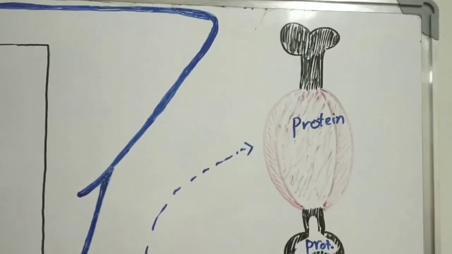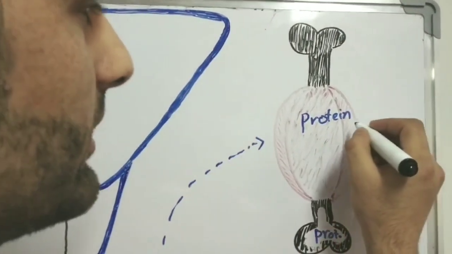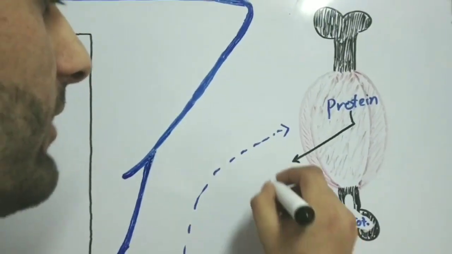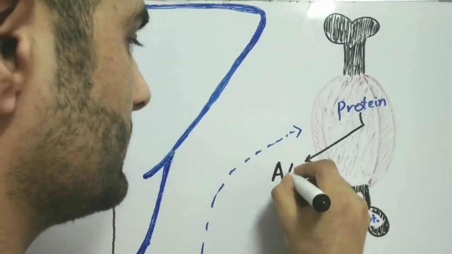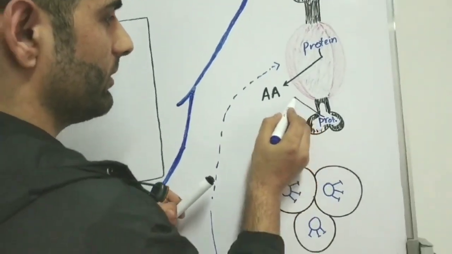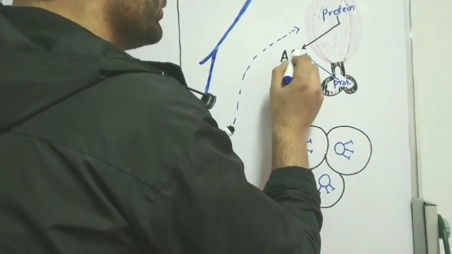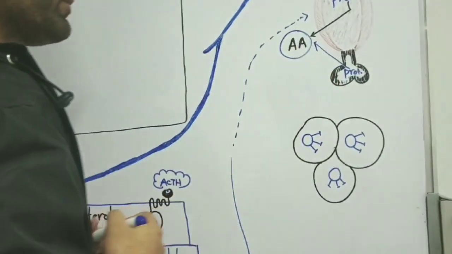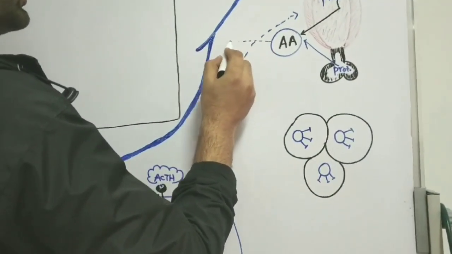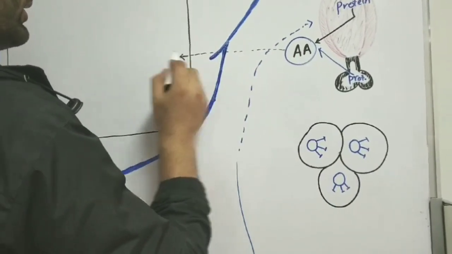It causes breakdown of proteins into amino acids. The proteins will get converted into amino acids. Proteins of bone will also be converted into amino acids. Now what will happen? These amino acids will enter into the liver.